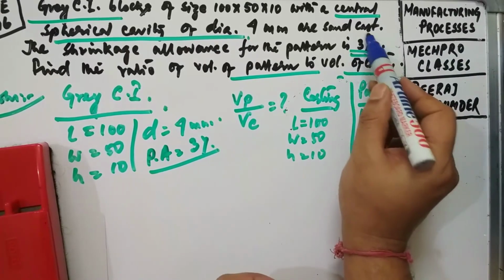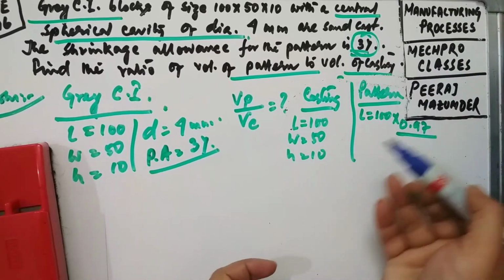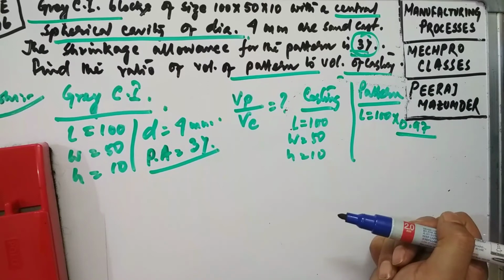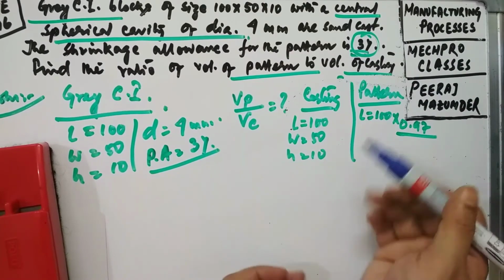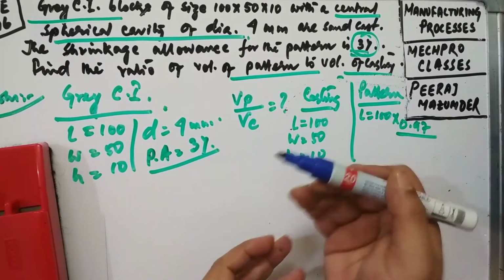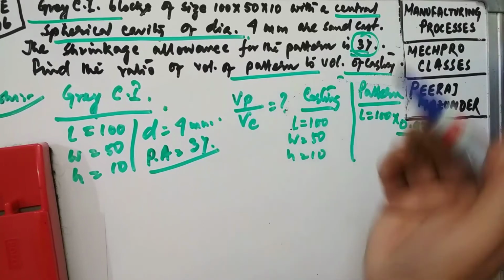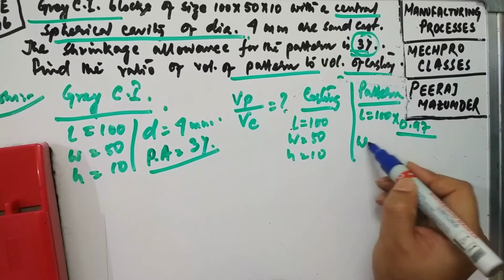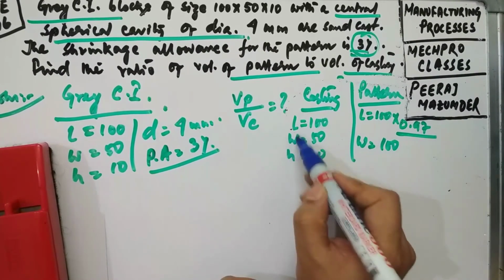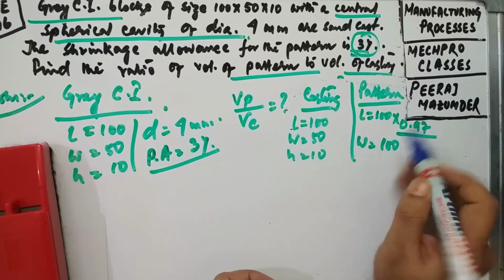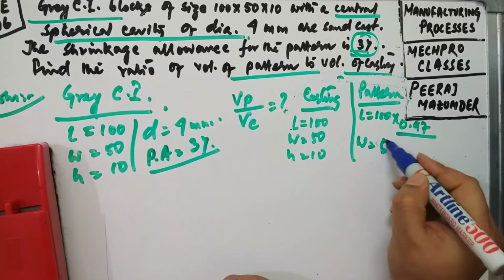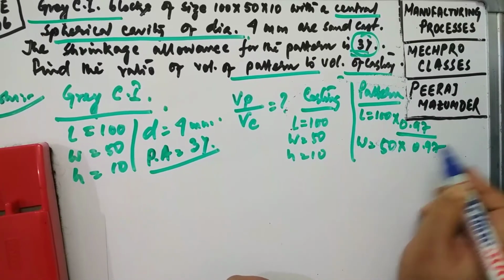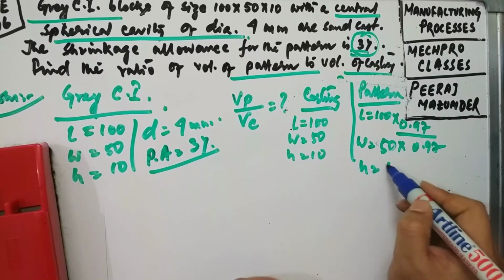So 3% you have to reduce. But for any other metal you have to add 3% shrinkage allowance. Similarly, W will be 50 into 0.97, and height will be 10 into 0.97.